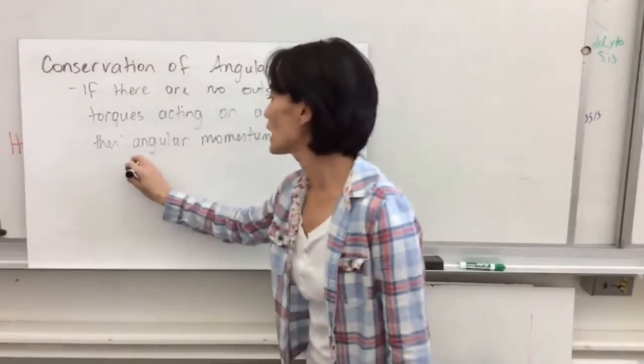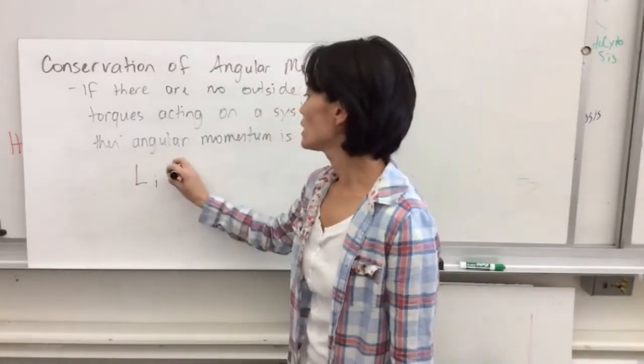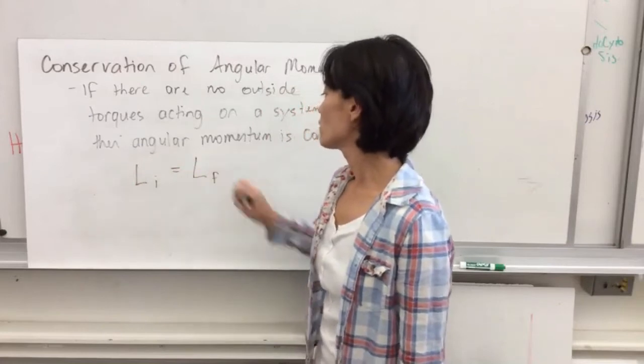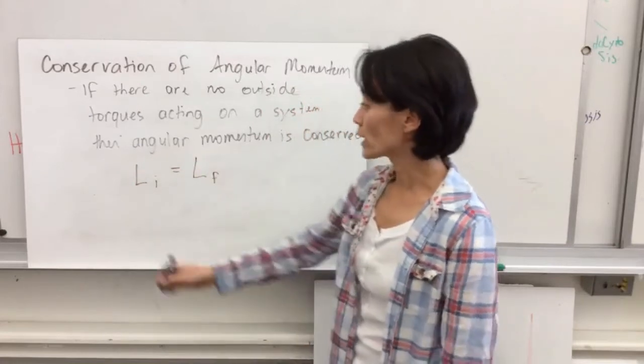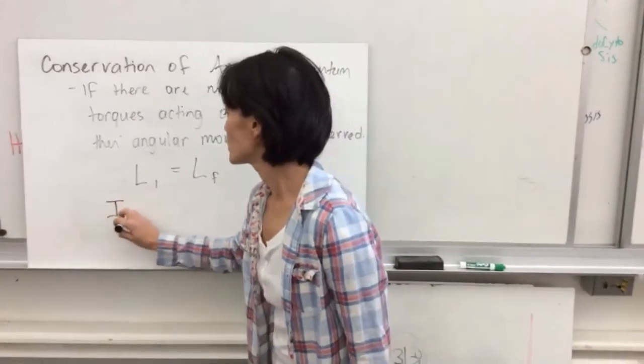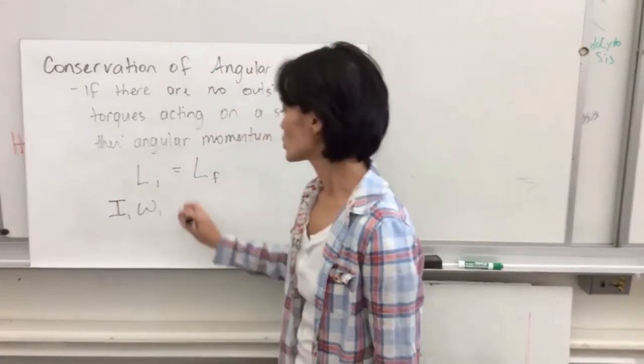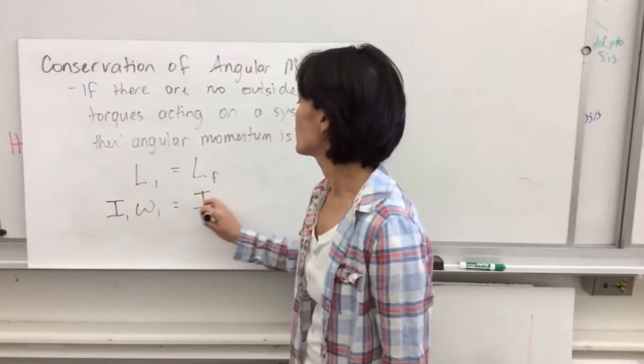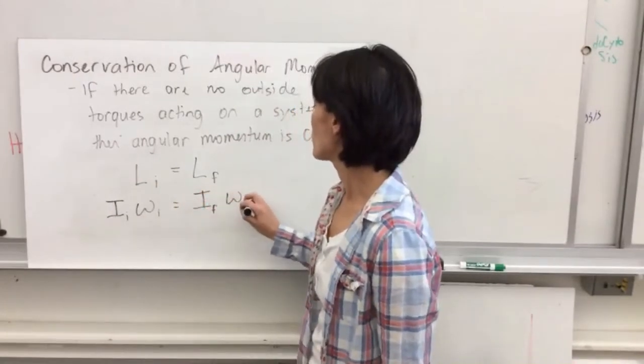Which means that my L initial has to equal my L final. Or I could write it out in terms of what L actually is. So my I initial times my omega initial is equal to my I final times my omega final.